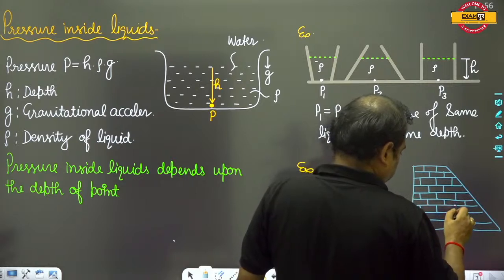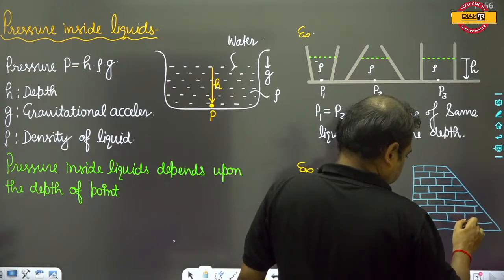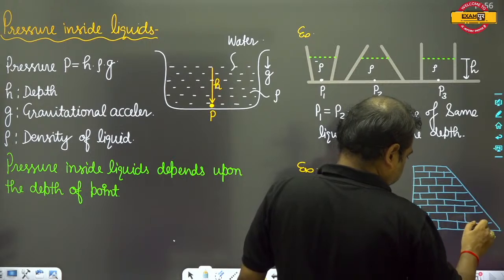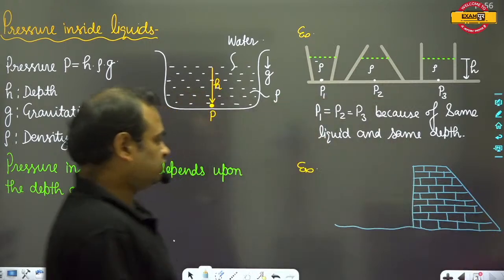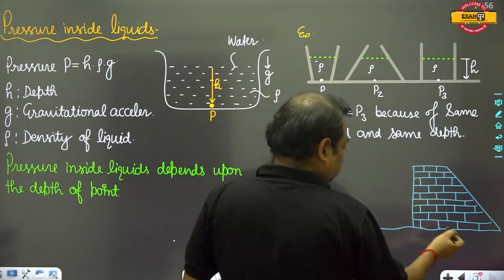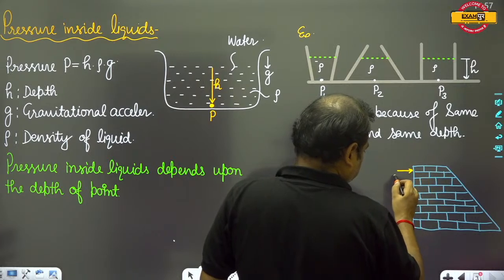So this is the dam, and the base area is very thick because the pressure at the upper part is very low.